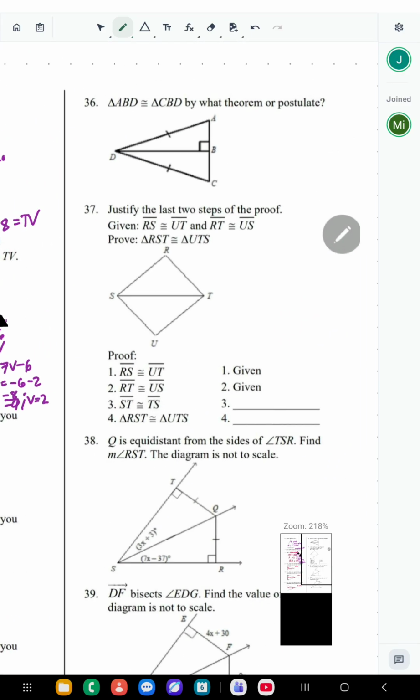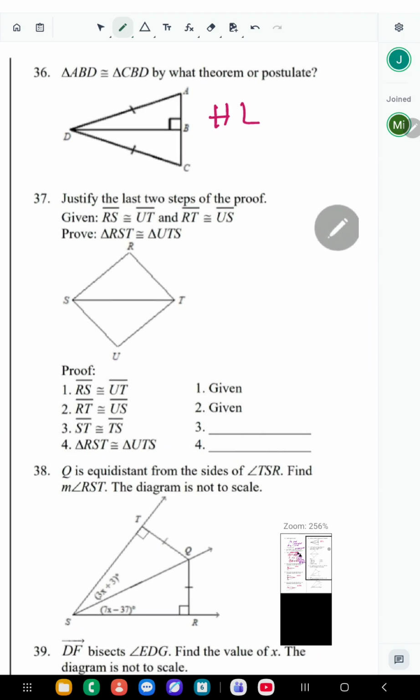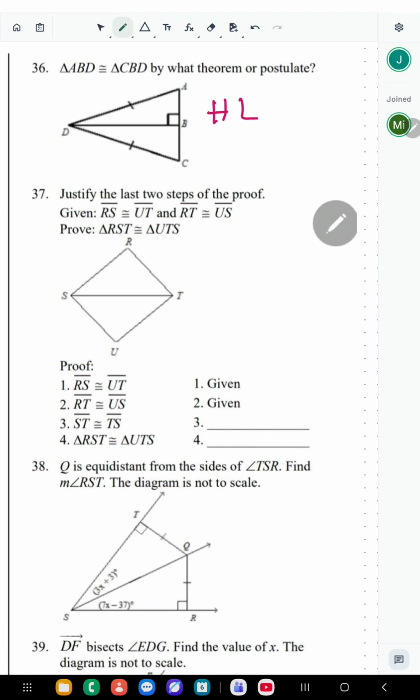Then number 36, we have the hypotenuse, they are equal, congruent, and then the leg, we have a common side here. So hypotenuse, leg. Okay, hypotenuse-leg congruence.